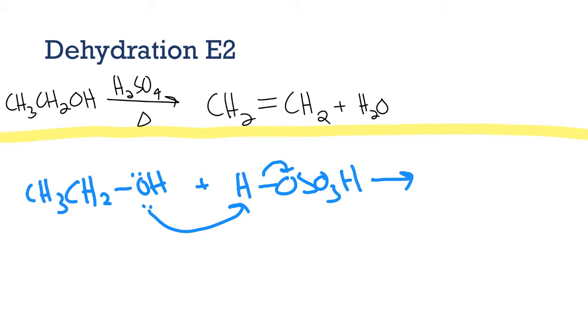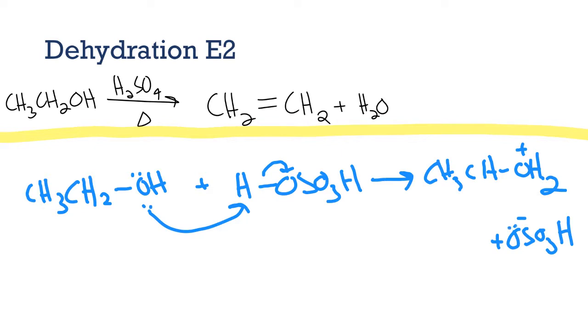Those bonding electrons will go to the oxygen to form an anion. Okay, so like I said, we have an anion here.